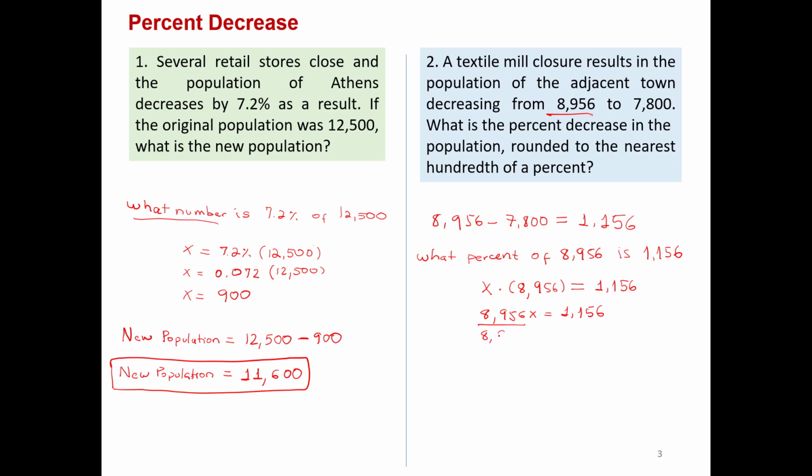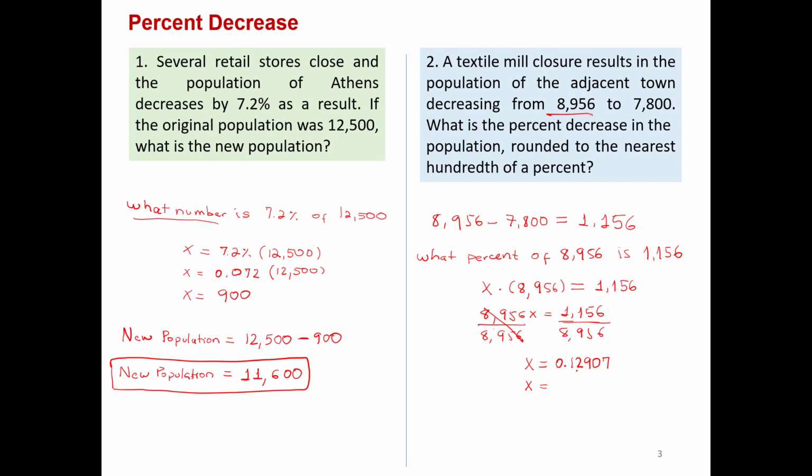Divide by 8,956 on both sides to solve the equation. Let's cancel out, and divide these two numbers, and write 4 or 5 numbers after the decimal point, because we need to round to the nearest hundredth of a percent.